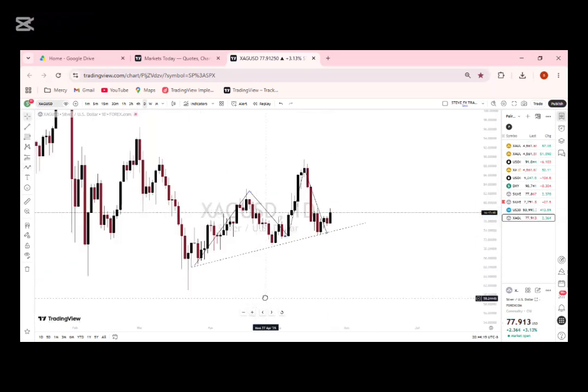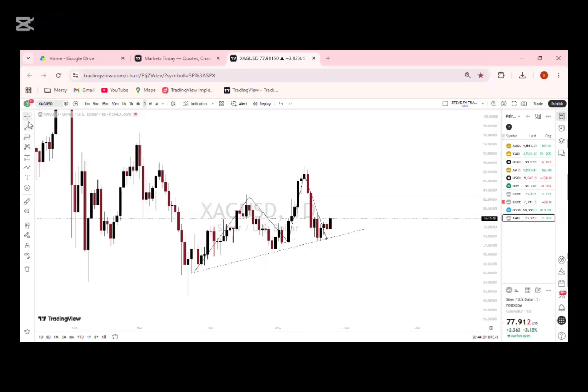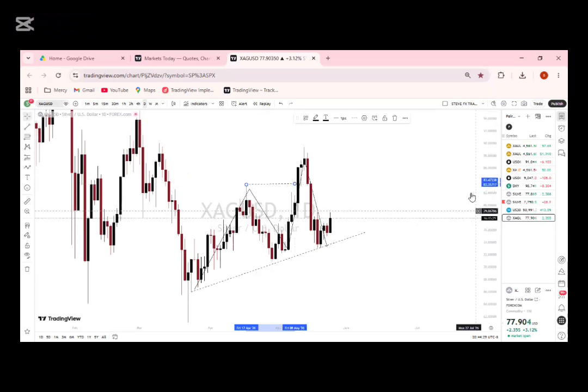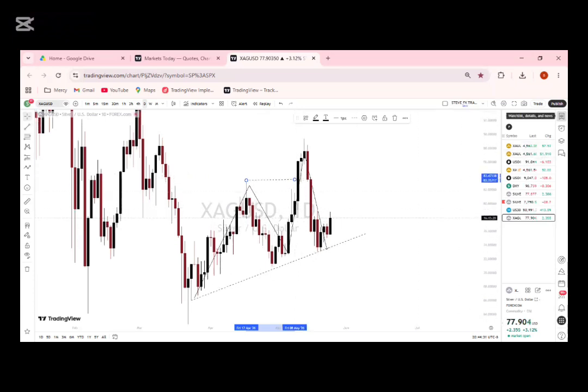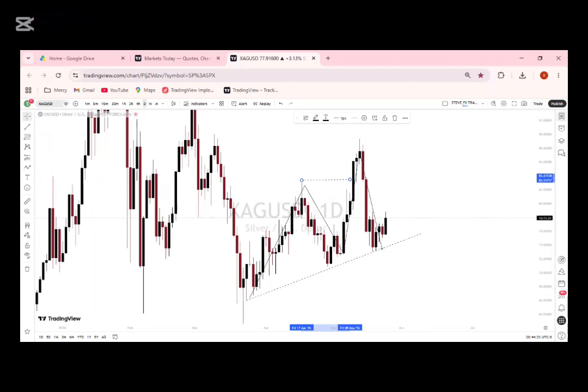So we have a break of structure, and this indicates that the market is bullish. From the higher time frame perspective, you understand that the market is bullish. So we are going to be looking for buy entries and also buy order blocks for our trade.